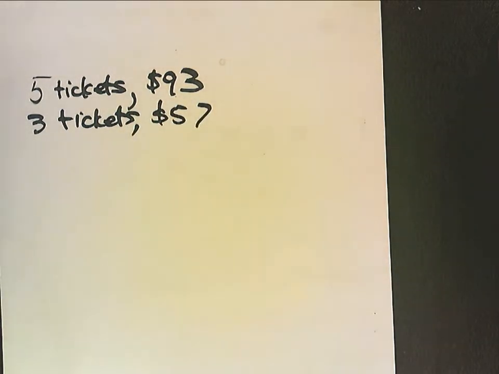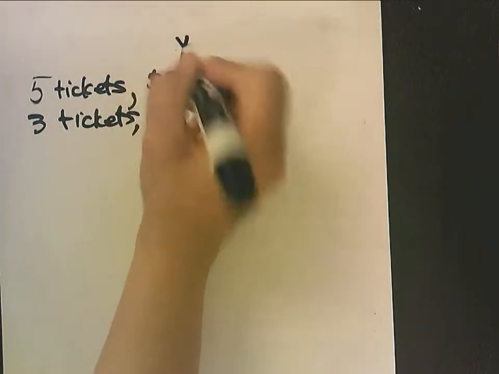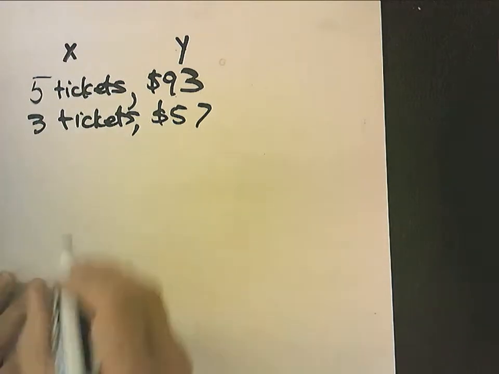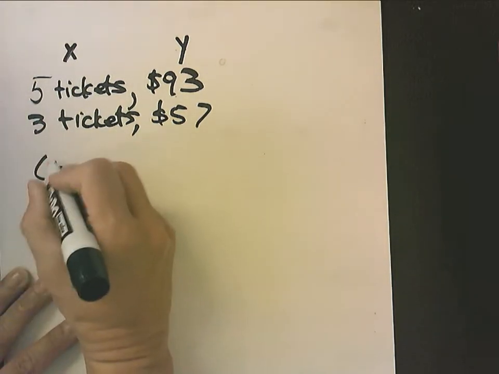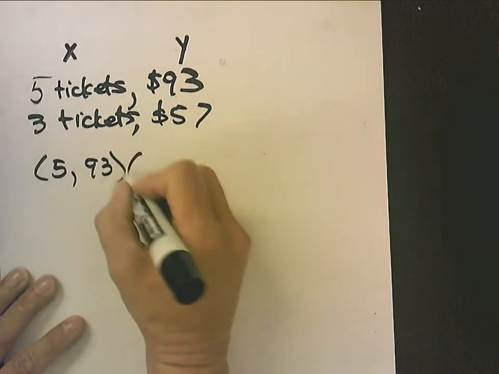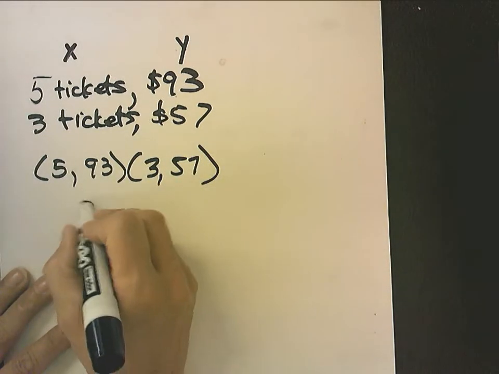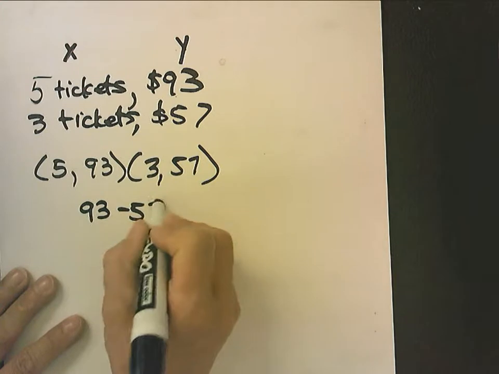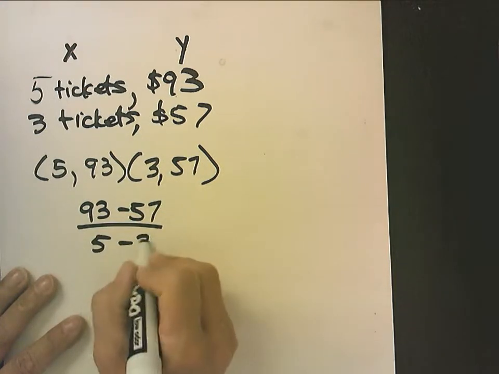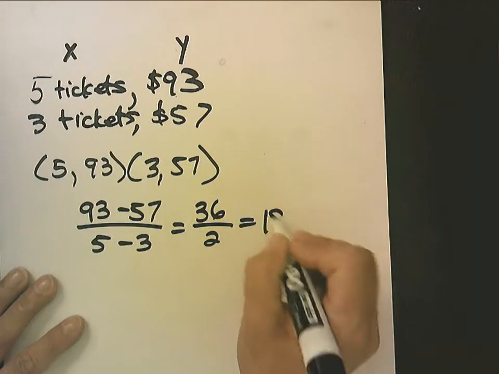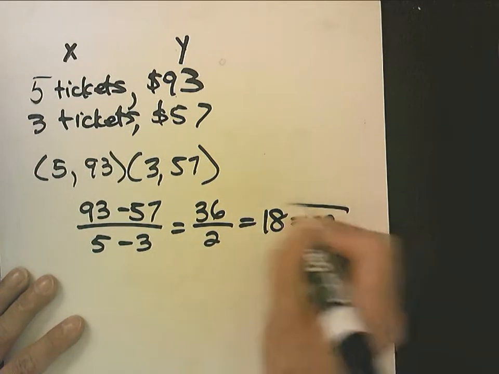So we know from the previous problem that total cost is your y, number of tickets is your x, because the total cost depends upon the number of tickets. So I have 2 points. With 2 points, I find the slope. 93 minus 57 over 5 minus 3 equals 36 over 2 equals 18 equals m.